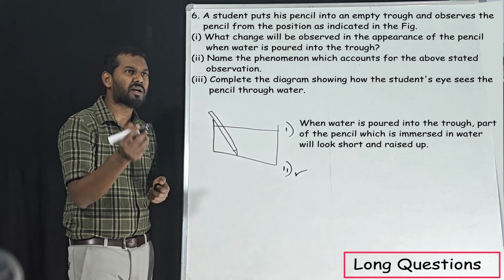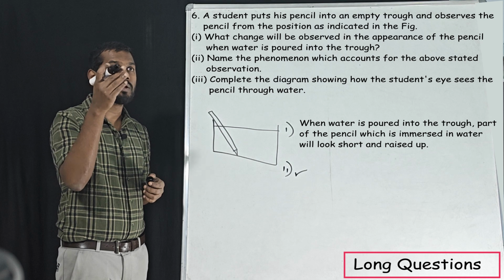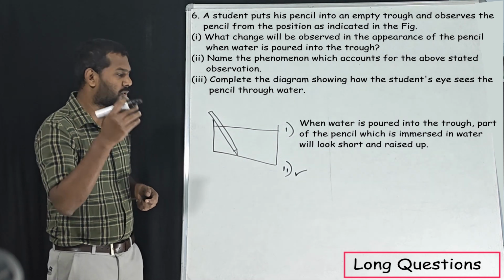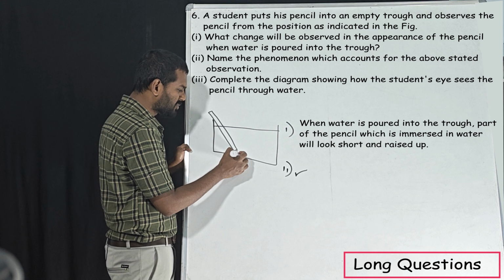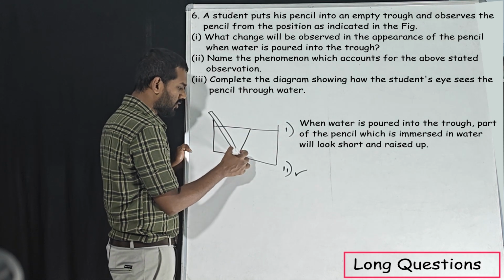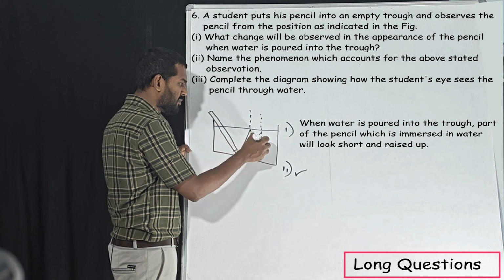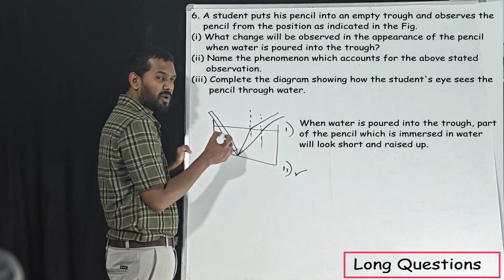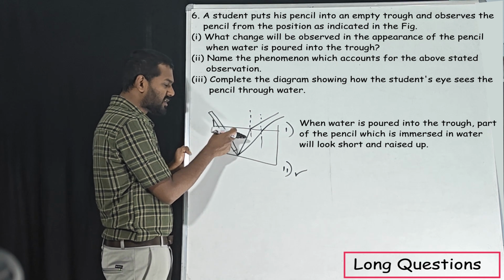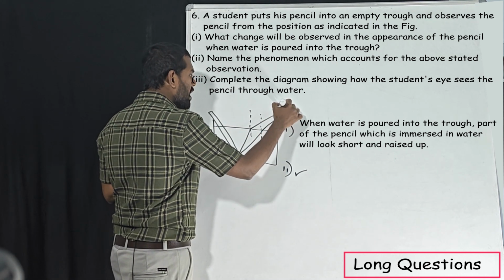Third one: complete the diagram to show how a student's eye sees the pencil through water. Very simple. This we have done earlier. From this point, two rays will go because of the change in medium. They go away from the normal because it is from denser to rarer, the speed increases, so they go away from the normal.